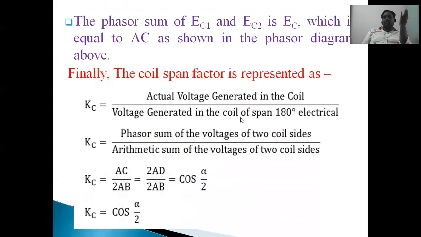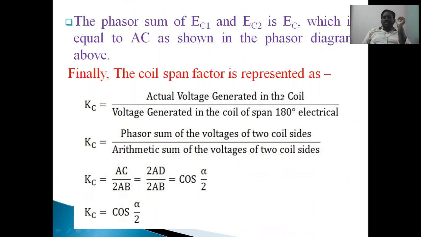The short pitch coil voltage is the actual voltage generated in the coil, because we use short pitch coils in alternators. But to determine KC, we compare it with the voltage generated in a coil span of 180 degrees electrical, the full pitch coil.